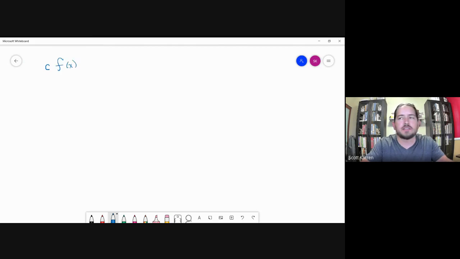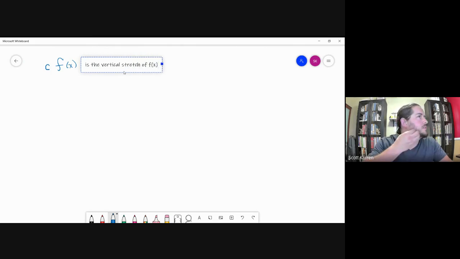So whatever C is, if I have some value that gets multiplied by some f of x, this is the vertical stretch of f of x if c is greater than 1, right?